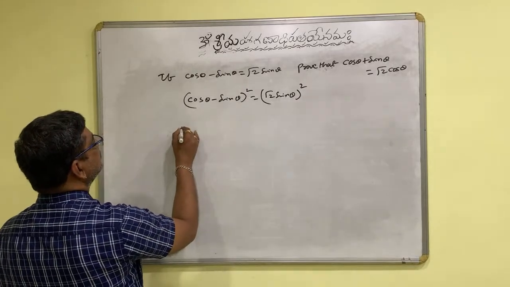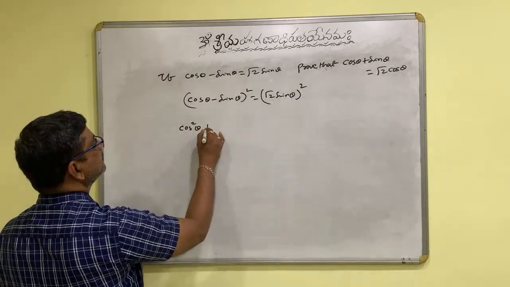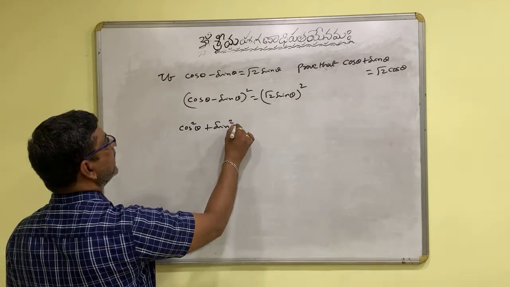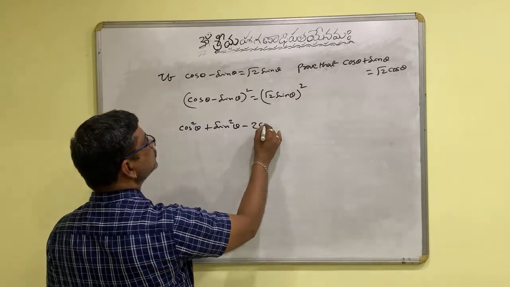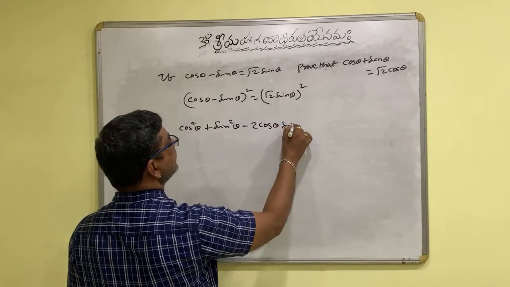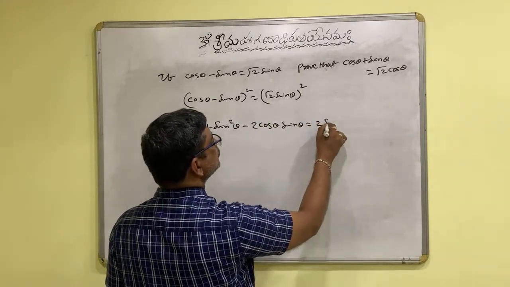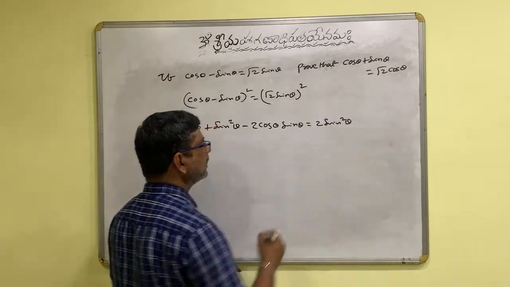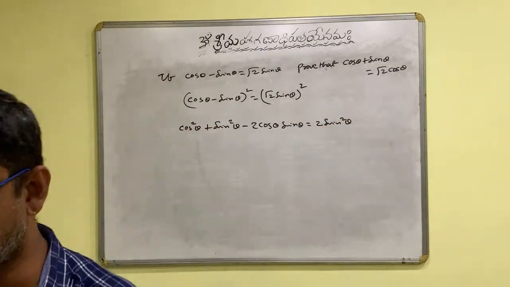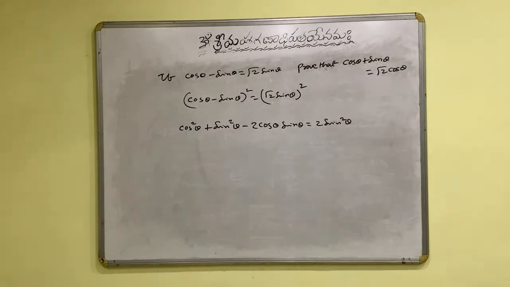Then a square plus b square minus 2ab is equal to, this one is 2 sin square theta. 2 sin square theta. Okay, children?